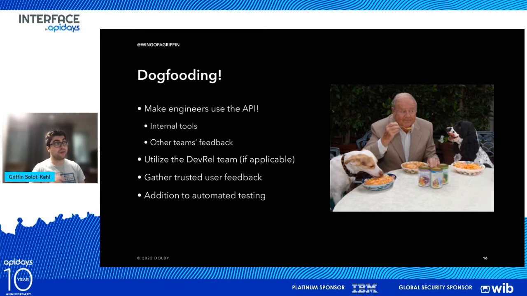I like to make sure that we are dogfooding everything as well. And what dogfooding is, is making your team actually use the API internally, where you aren't just showing this off to a bunch of customers and developers, you are actually using it yourself, where you can be doing things like getting internal tools to be developing something that makes sense for your existing workspace, but then also getting feedback from other teams.